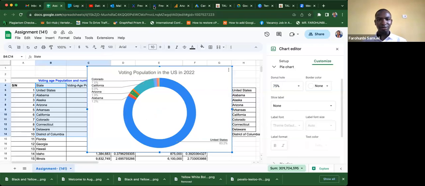Somebody is already raising up his hand. The Google Sheet is complex for me. Oh, sorry about that. Okay, so let me allow us to unmute ourselves so that you can let me know when you have a challenge. How many of you understood it up to this level?